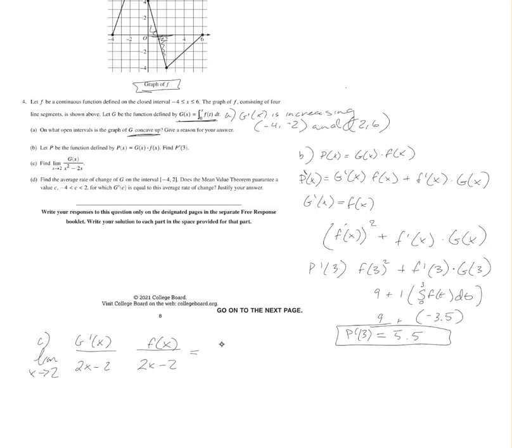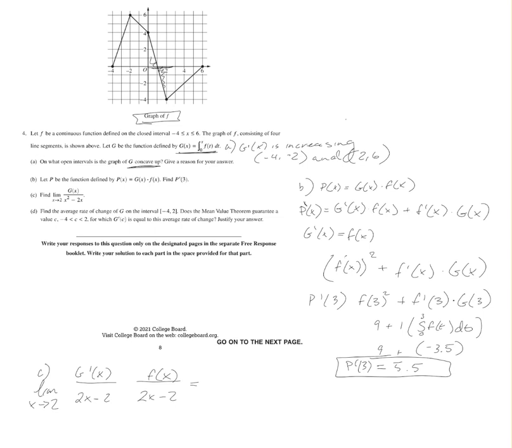And on top, we get -4. And then on the bottom, we get 2. So overall, the limit as x approaches 2 is -2.